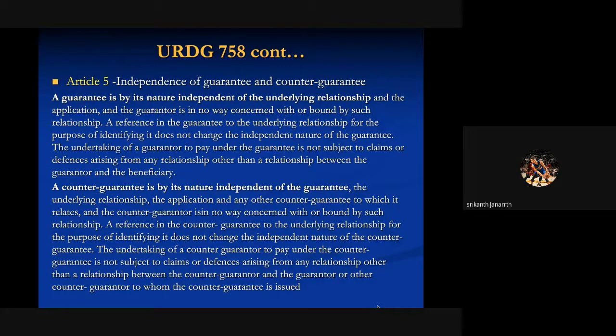The guarantee can only come in when there is a non-performance, when there is a non-payment, when there is a default. So that is the key. A guarantee only becomes effective when there is a default in the underlying transaction. So you can see when there is no default, the guarantee will not come. A guarantee is just a piece of paper, right?